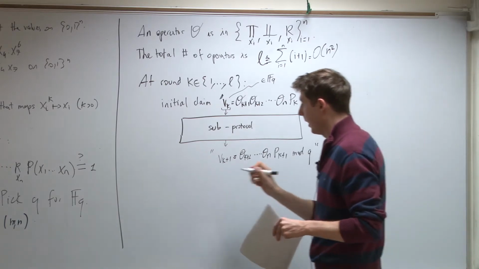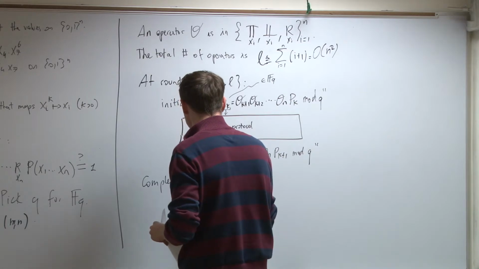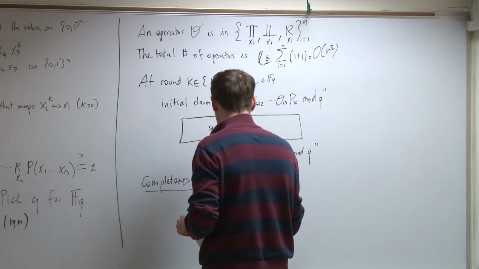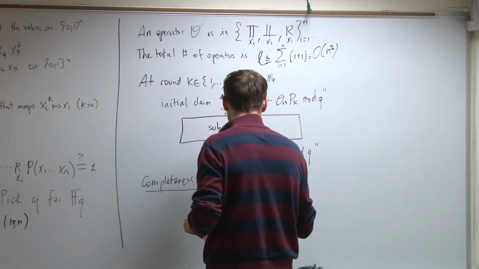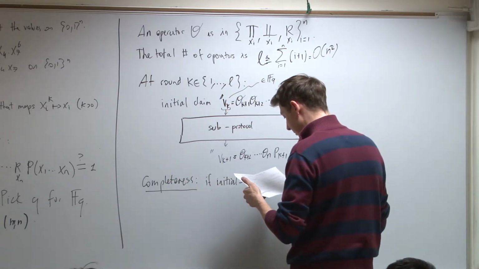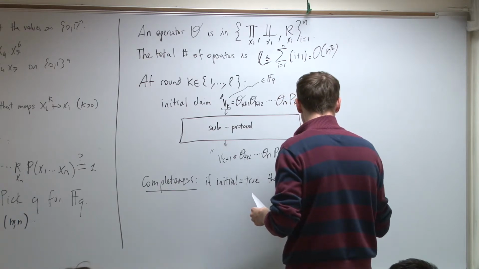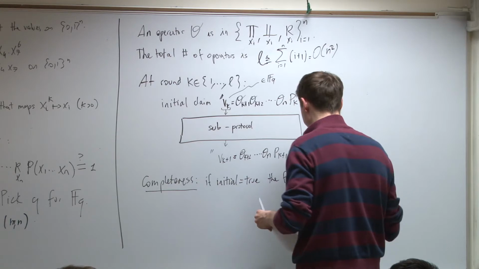All right. And we're going to have the property, completeness of this reduction, is that if initial is true, then the final is true with probability 1, okay?